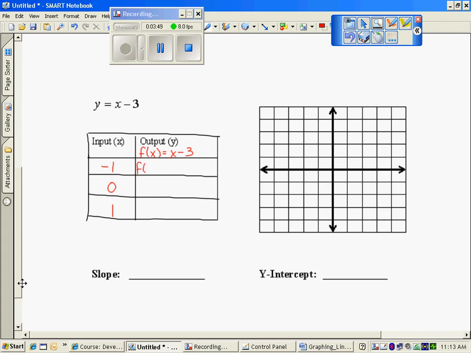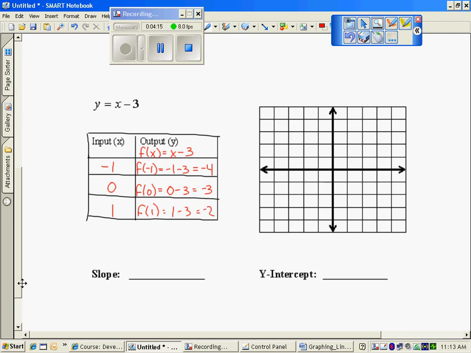Putting -1 into my function, my rule says -1 minus 3. Using your integer operations, a -1 and a -3 is a -4. F at 0, putting 0 into my rule, 0 minus 3 is -3. F at 1, 1 minus 3 is -2.